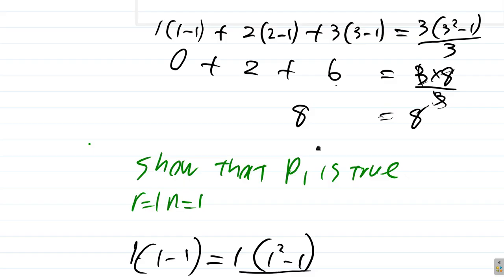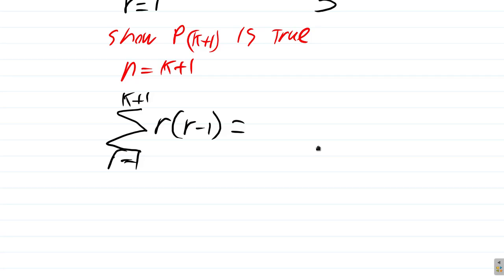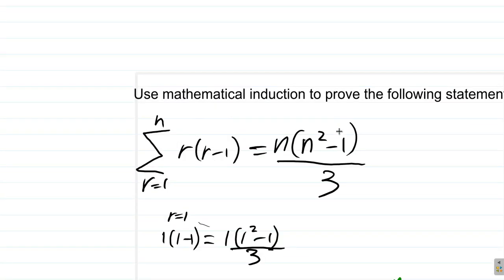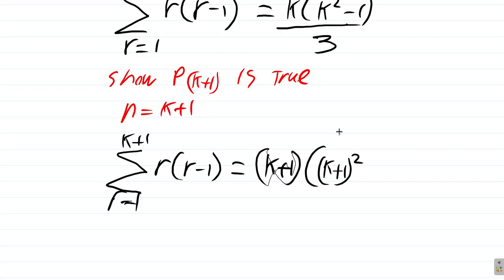So it's k plus 1 open bracket, k plus 1 squared minus 1, all over 3.